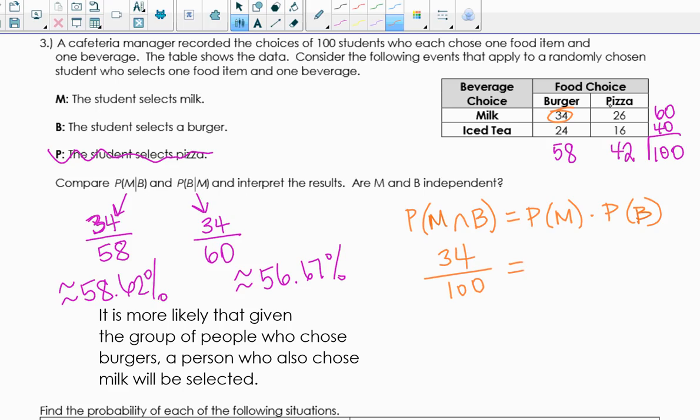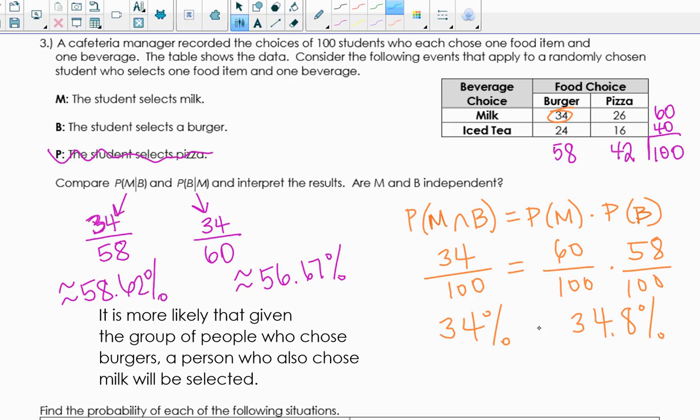The probability of milk is 60 out of 100. And the probability of a burger is 58 out of 100. So we know this is going to be 34%. And then we have that is 34.8%. So we are within that 1% leeway.